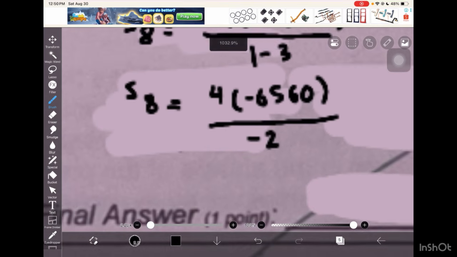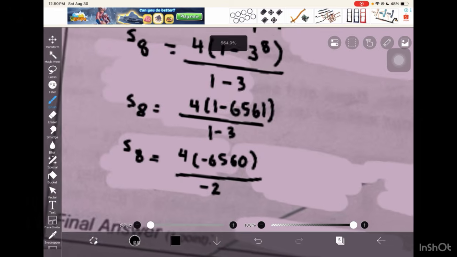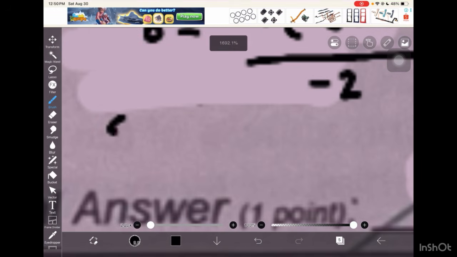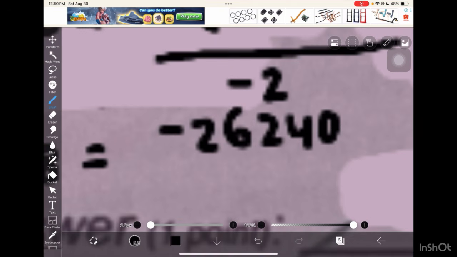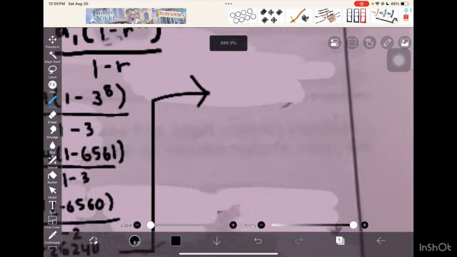And then we just simplify this again. Negative 6560 times 4. That's negative 26,240 over negative 2. And then continue up here.